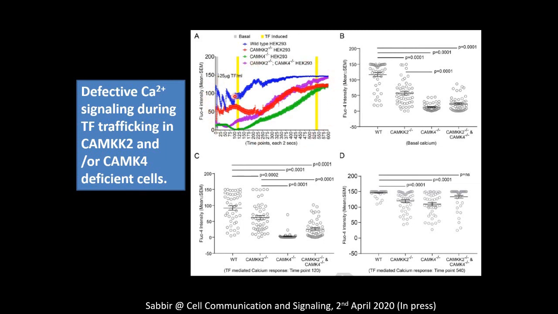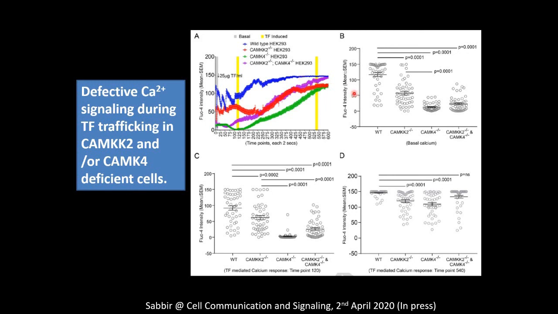The blue line indicates the intracellular calcium level following transferrin treatment in the wild type cells. The red, green, and magenta colors are representing CAMKK2 or CAMK4 deficient conditions.